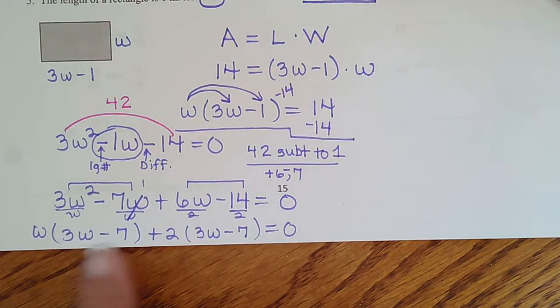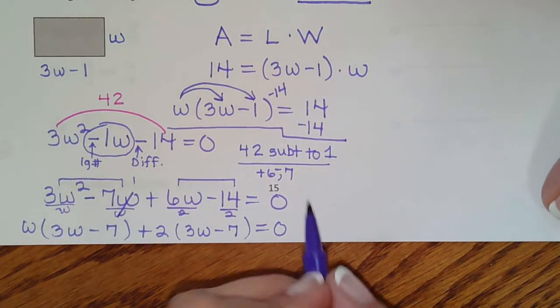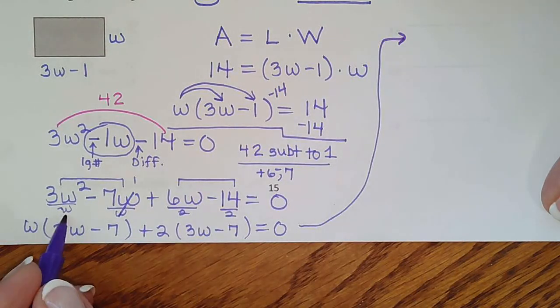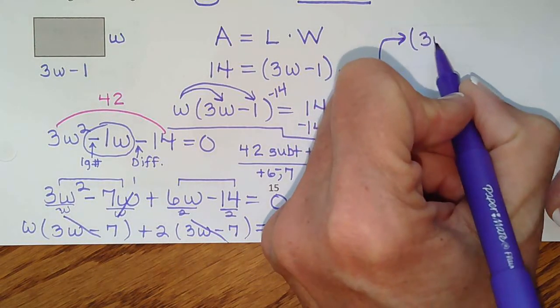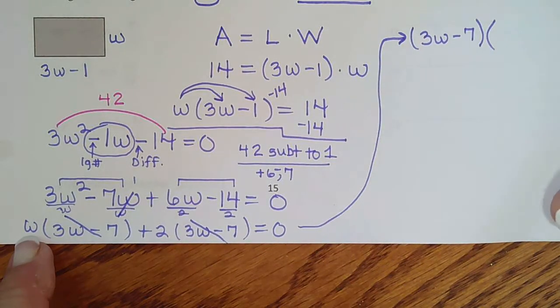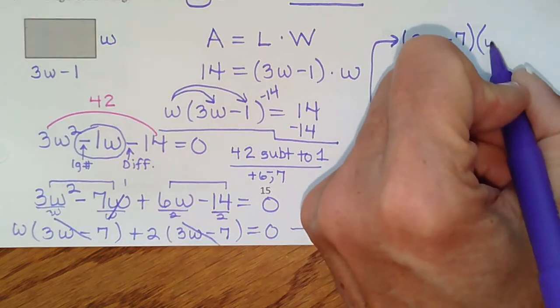This is when we get excited, because if these match, that's a really good indication you're doing the problem correctly. So we take out the matching binomial, which is now our GCF, and put it in front: 3W minus 7. And in the second binomial, we write W plus 2, what's left over.